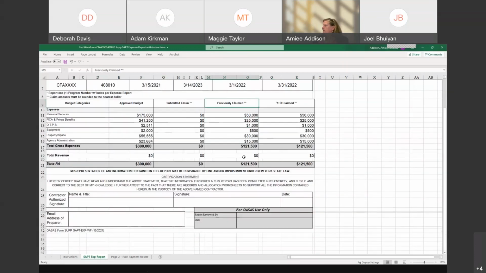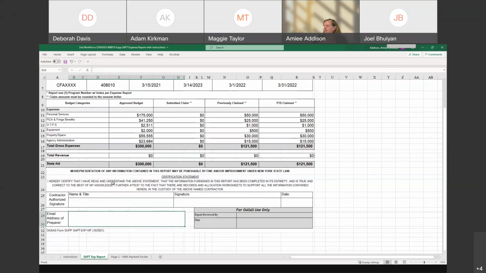Once you have your form completed, be sure to have your name and title, have it signed, dated, the email address of the preparer, and all completed expense reports are to be emailed to the COVID funds vouchers mailbox. Just a couple notes in reference to any documentation submitted.